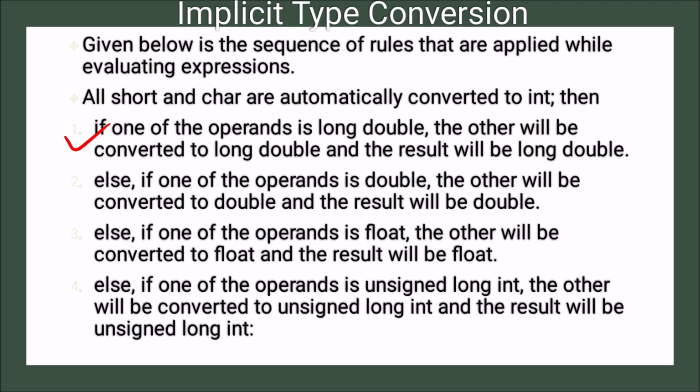First it checks whether it is long double, no, then double, no, then float, no, then if it is unsigned long integer, the other will be converted to unsigned long integer and the result will also be unsigned long integer.